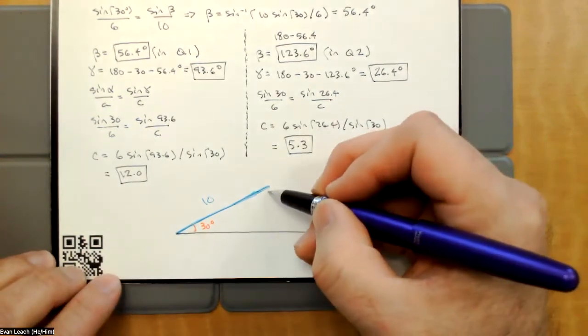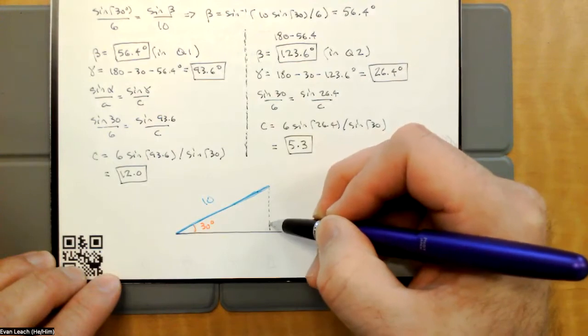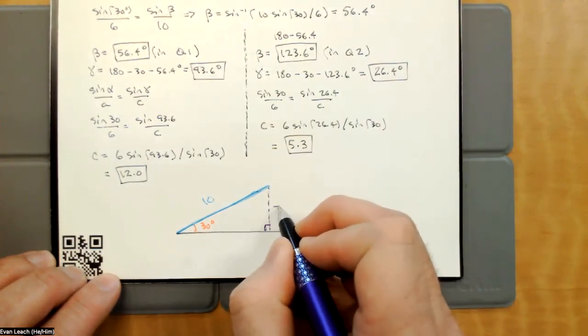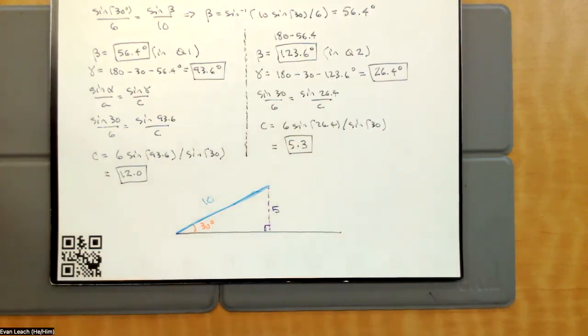Here's our height of 5. And there are two places that I could put a side opposite the 30 degree angle that's 6 units long.